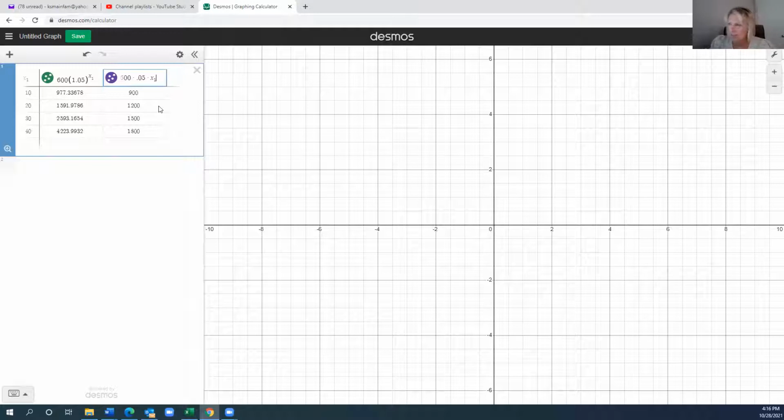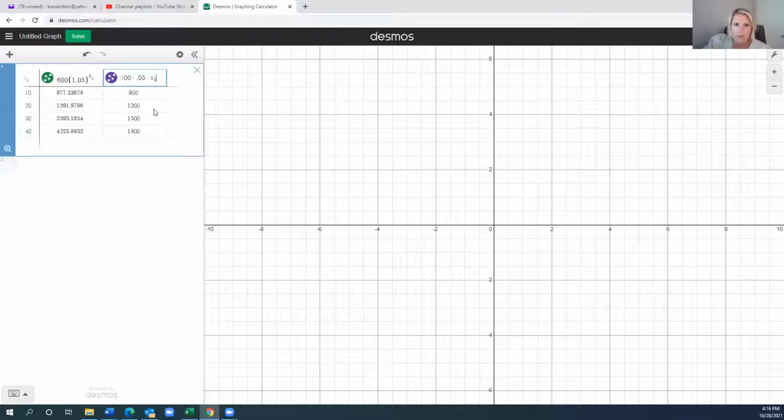And so that validates after 10 years, there was $900 in the account. 10 years of adding 30 plus the 600. So then after 20 years, we have 1,200. After 30 years, we have 1,500. And after 40 years, we have 1,800.